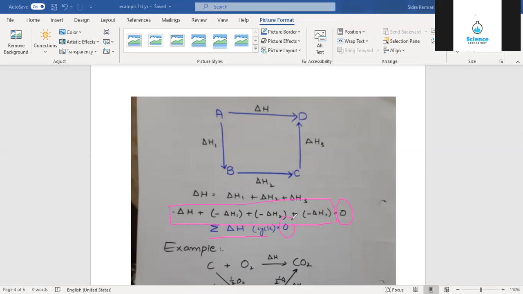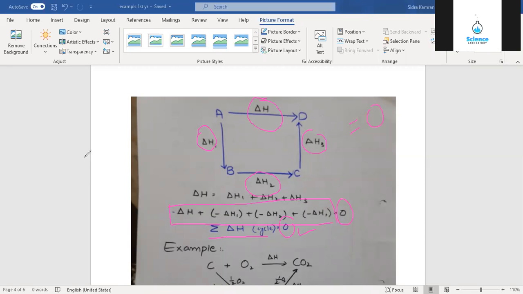In MCQs, if the question asks about the sum of enthalpy change in a cyclic process, you must know that it will be equal to 0, because delta H1, delta H2, delta H3 are equal and opposite to delta H. That's why the cyclic process has a sum of 0.